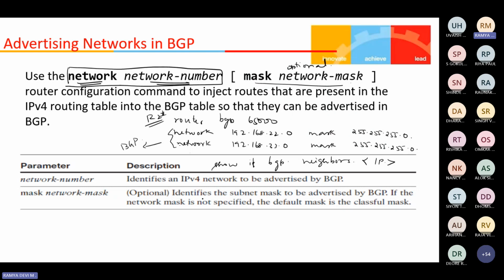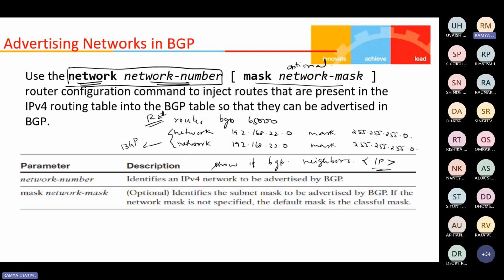So the network command controls local routes. The local routes which are part of the routing table will be injected into the BGP table, so only the intended prefixes will be advertised. It can be verified with show ip bgp or show ip bgp neighbors, or you can specifically use one IP address.